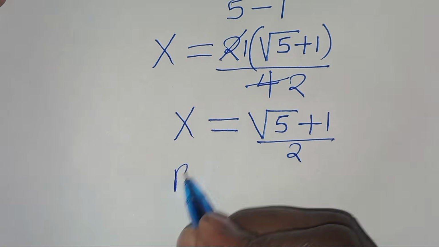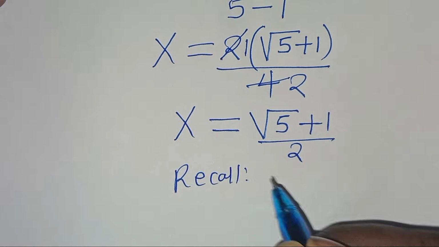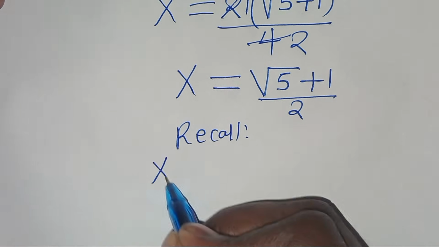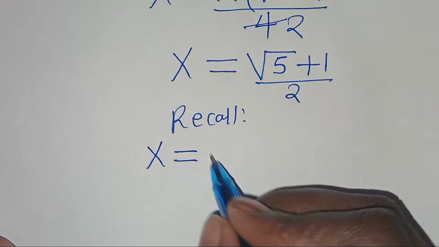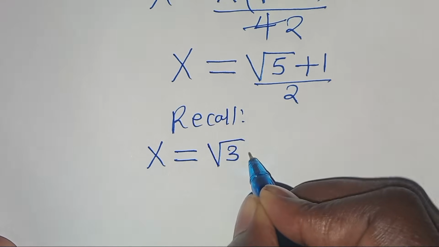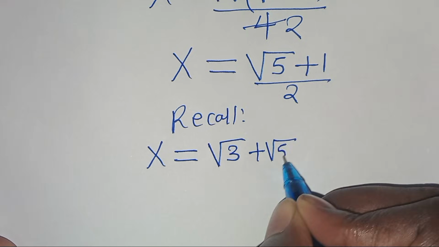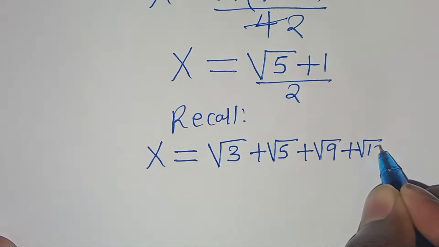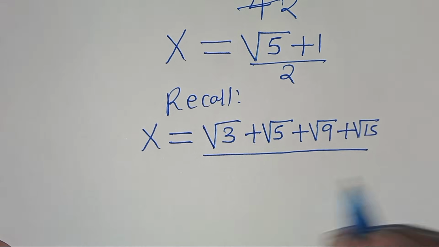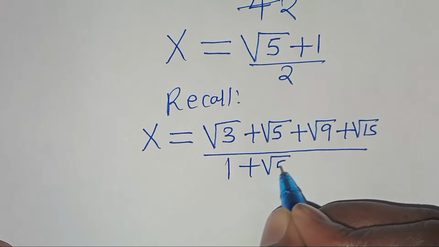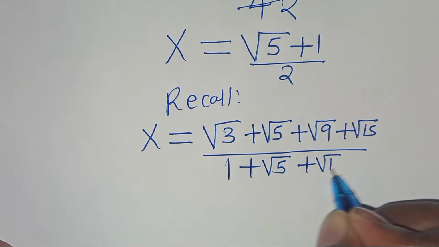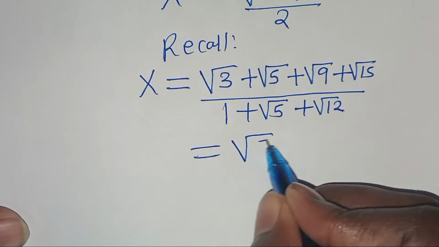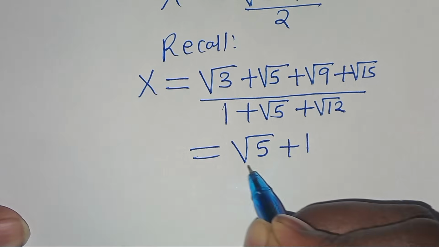Now, if you recall, we are saying that we let x be equal to square root of 3 plus square root of 5 plus square root of 9 plus square root of 15 divided by 1 plus square root of 5 plus square root of 12, and this is equal to square root of 5 plus 1 over 2.